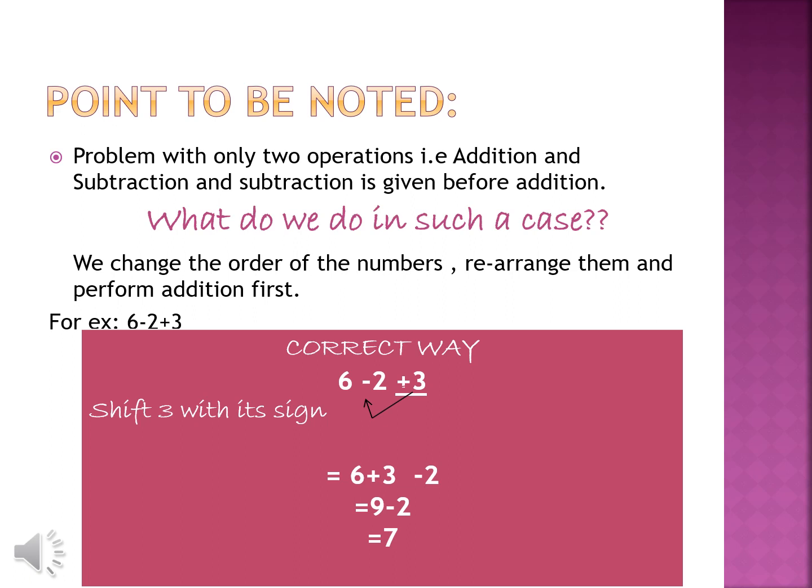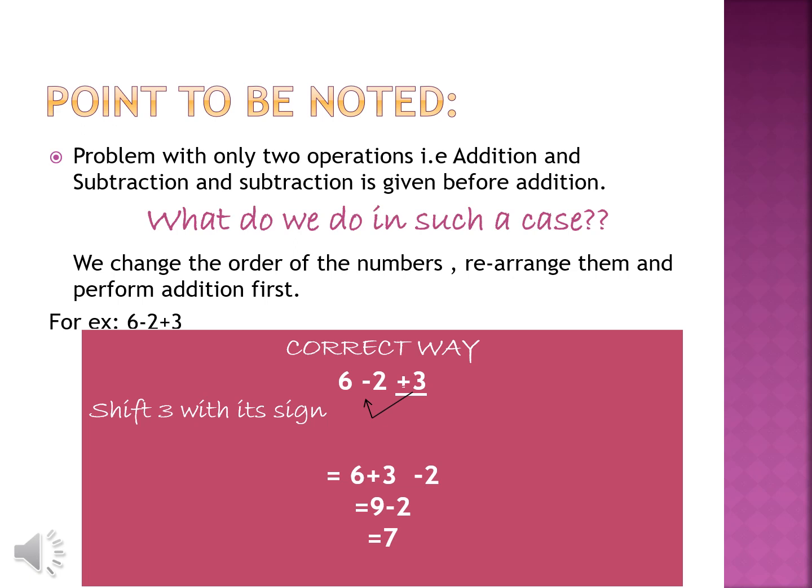Because 6 is in the front, it is a positive number, so 6 does not have any sign. Minus is the sign associated with 2, and plus is the sign associated with 3. You will learn about positive and negative numbers in class 6. Here just understand the sign. If the sign is there before a number, then this sign is associated with that number. Like minus is the sign of 2 and plus is the sign of 3.